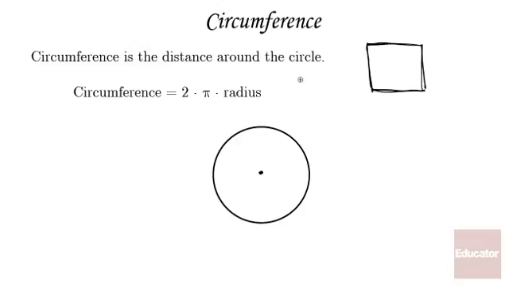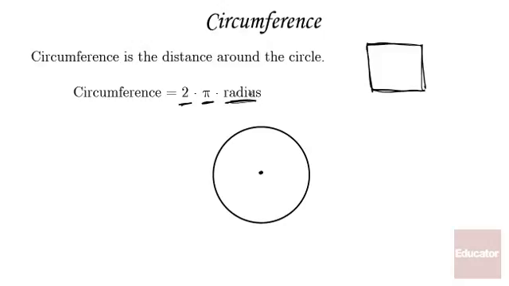It's the distance around the circle. And you find that by multiplying the radius by 2 and multiplying that by pi. So it's 2 times pi times the radius. Now see how we're just multiplying 3 numbers together? 2, pi and the radius. Whenever you multiply, the order doesn't matter.